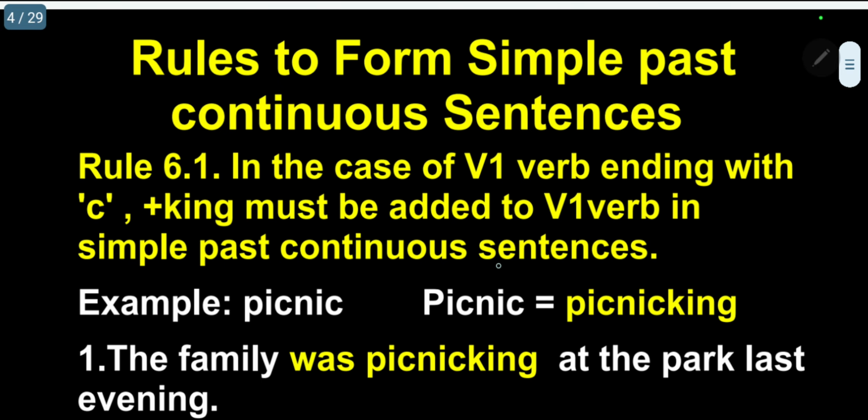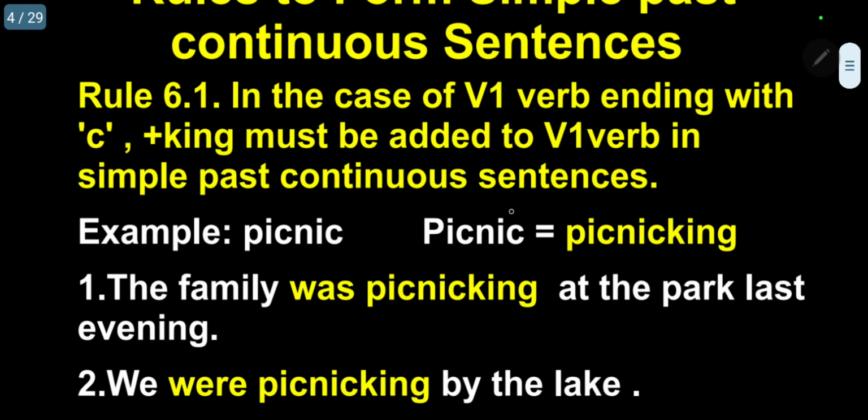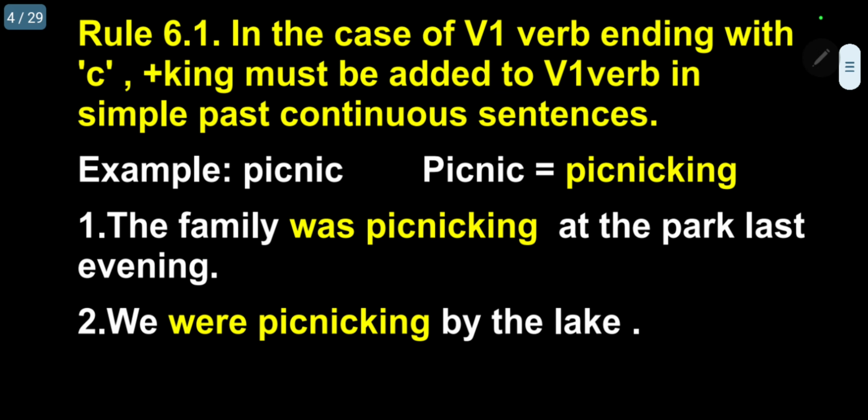Now, again continuous. Two more examples I am giving: panic and the other is picnic. These two verbs are available in the Oxford Dictionary. So picnic, I can convert into picnicking, the V1 verb. K-I-N-G I should add, the rule says.